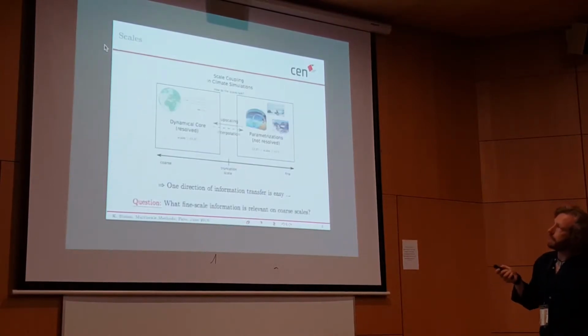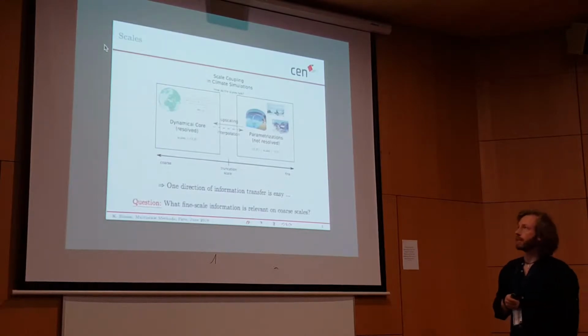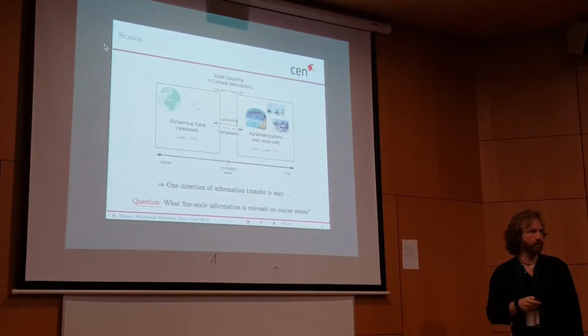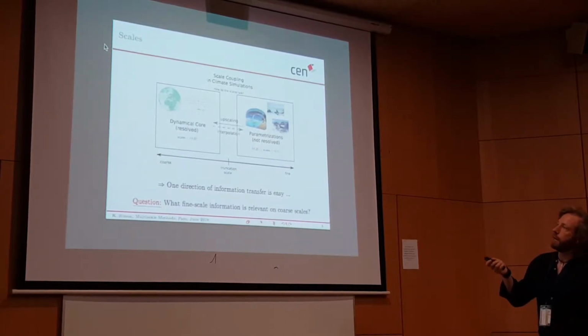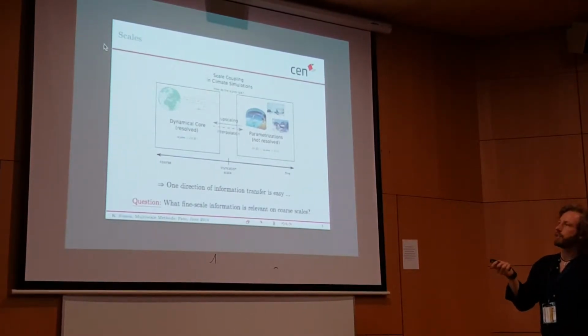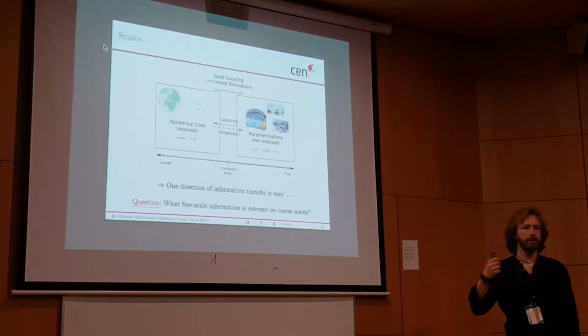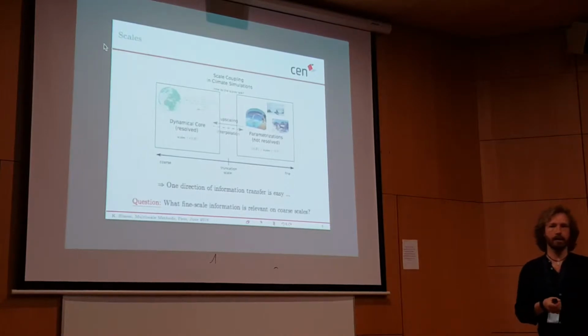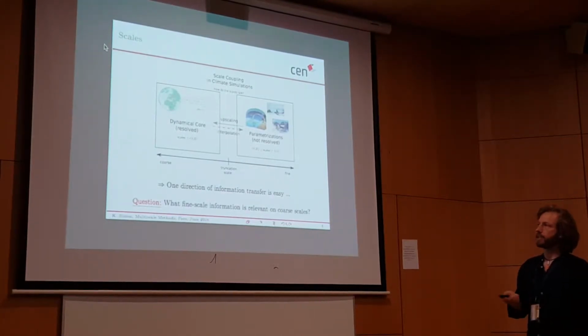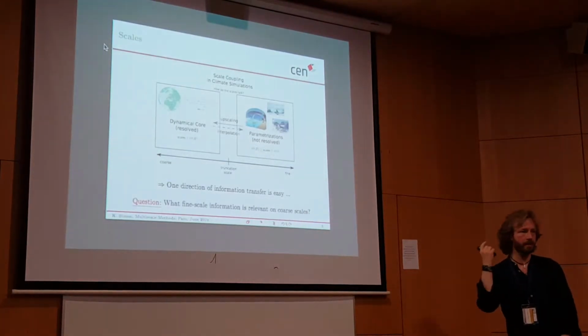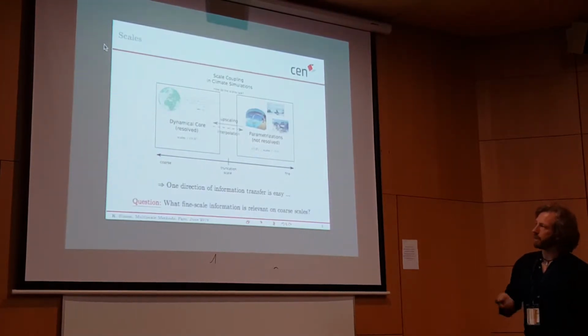So the problem that mainly motivated our studies is climate simulations. Climate simulations are among the most horrible problems that you can encounter in simulations. Every climate simulation, you can break it down into two parts. There is the dynamical core on the one side. The dynamical core is responsible for the discretization of all the dynamical equations, like prognostic and diagnostic variables such as pressure, velocities, temperature, and so on.